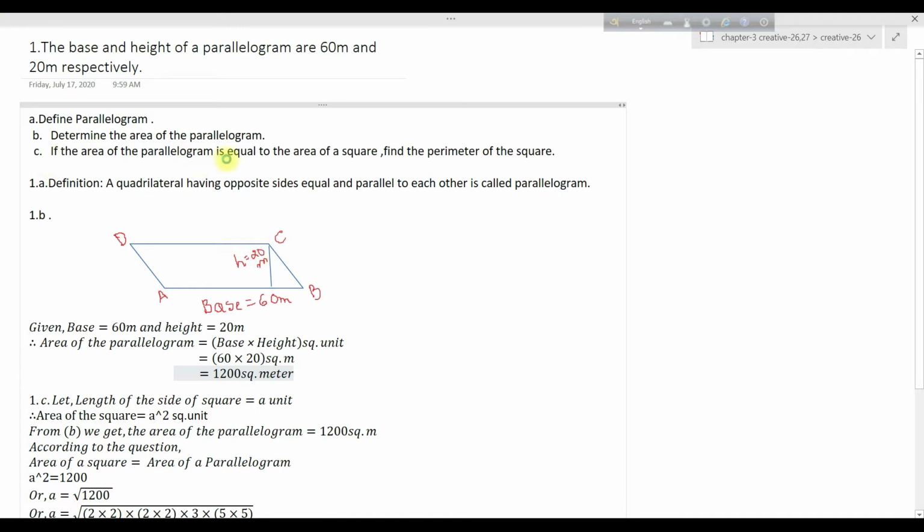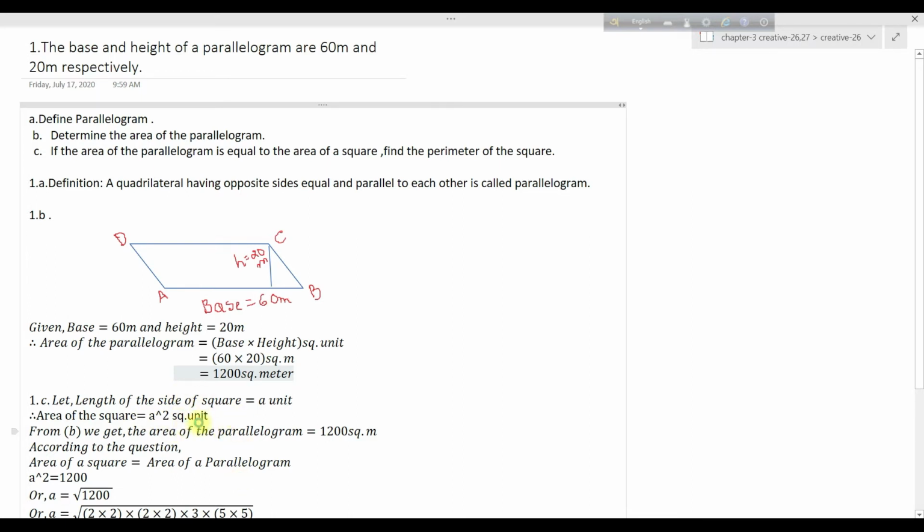If the area of the parallelogram is equal to the area of a square, find the perimeter of the square. In case of finding the area of the parallelogram, we know base into height, but to find the area of a square, the formula is a square unit.